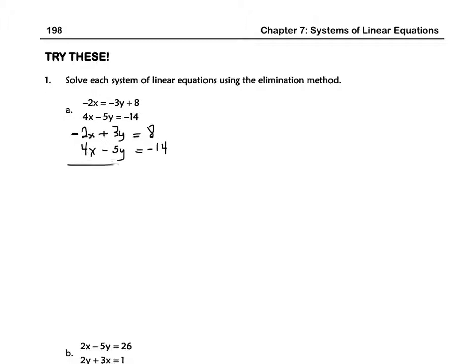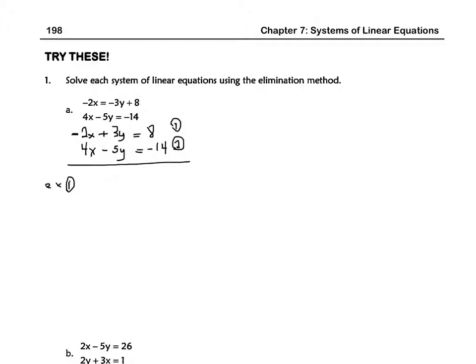And in this one, when I look at which variable is easiest to eliminate, I think x would be easiest to eliminate, because all I would need to do is take my equation 1 and multiply it by positive 2, and that would give me a negative 4 in front of the x, and I have a positive 4 in front of the x of the second equation, so they would be opposites. So I'm going to take equation 1 and multiply it by 2.